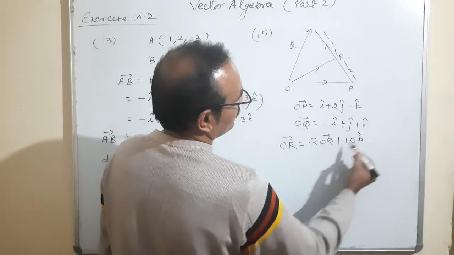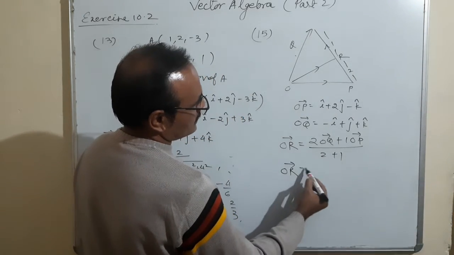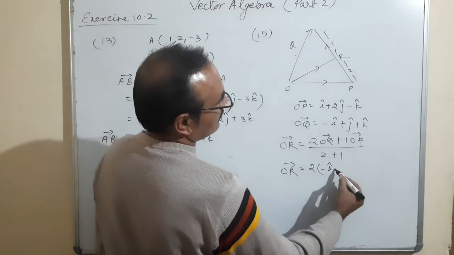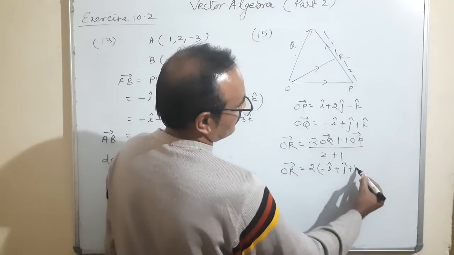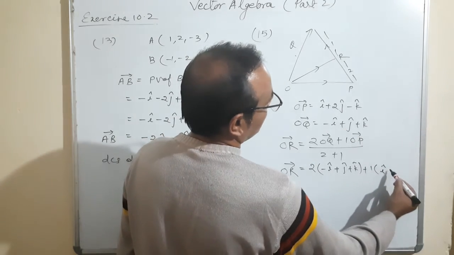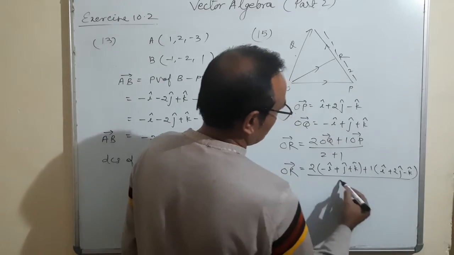So the direct formula you can use, and 2 plus 1 is 3. So OR is equal to 2 multiplied by OQ, minus i plus j plus k, plus 1 multiplied by OP, i plus 2j minus k, upon 3.